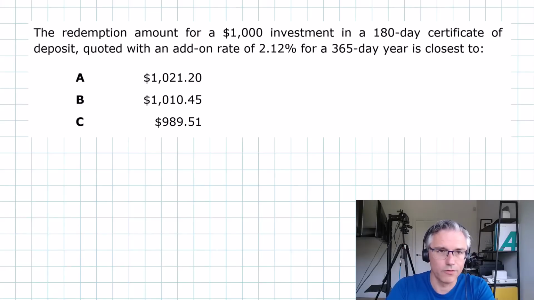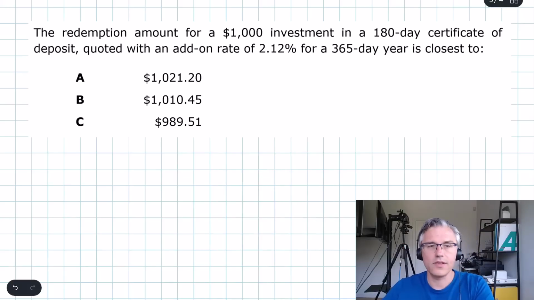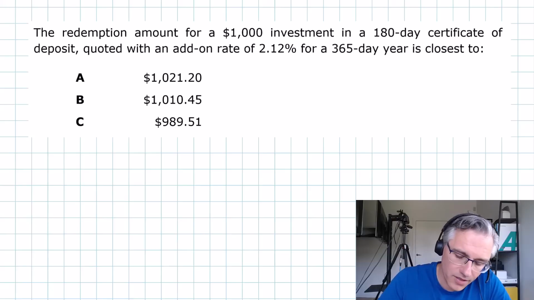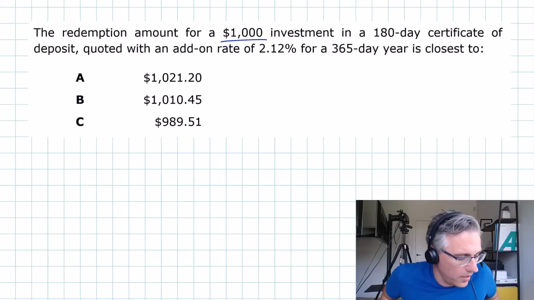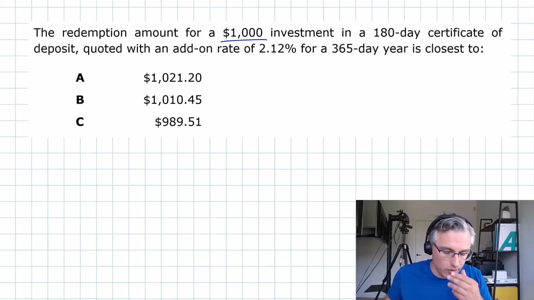So what is the redemption amount closest to? Okay, as you can see, the redemption amount is not a nice round number. What is a round number this time around is how much you invest, the principal. However, the redemption amount is something you have to figure out on your own, using the relevant approach.